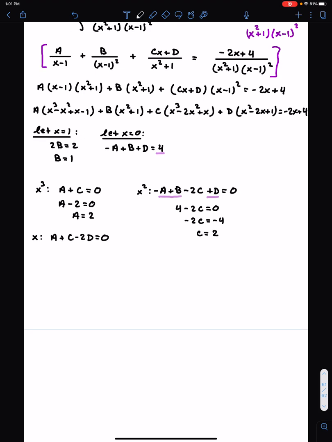So a is 2, plus c is also 2. C is positive 2, which means this is a plus, so a is negative 2. So negative 2 plus 2 minus 2d is 0.